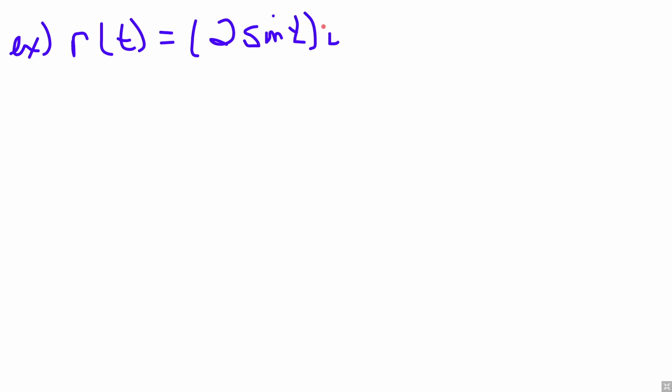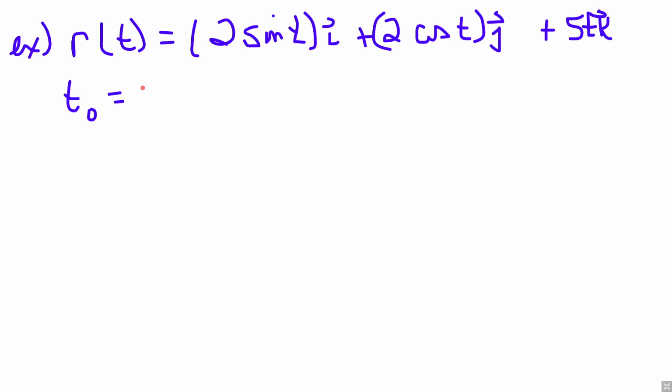In this example, the position vector r of t is equal to 2 times the sine of t in the i direction, plus 2 times the cosine of t in the j direction, plus 5t in the k direction. And we're told that t sub 0 is equal to 4 pi.